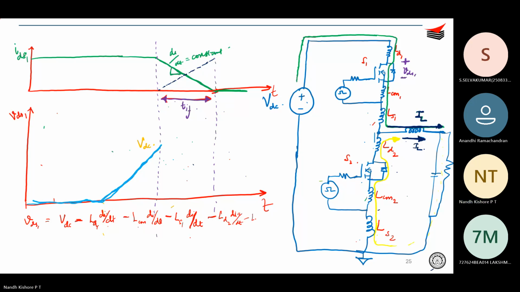Minus LCM di2 by dt minus LS2 into di2 by dt. Just the KVL equation I have written. Okay. Fine.